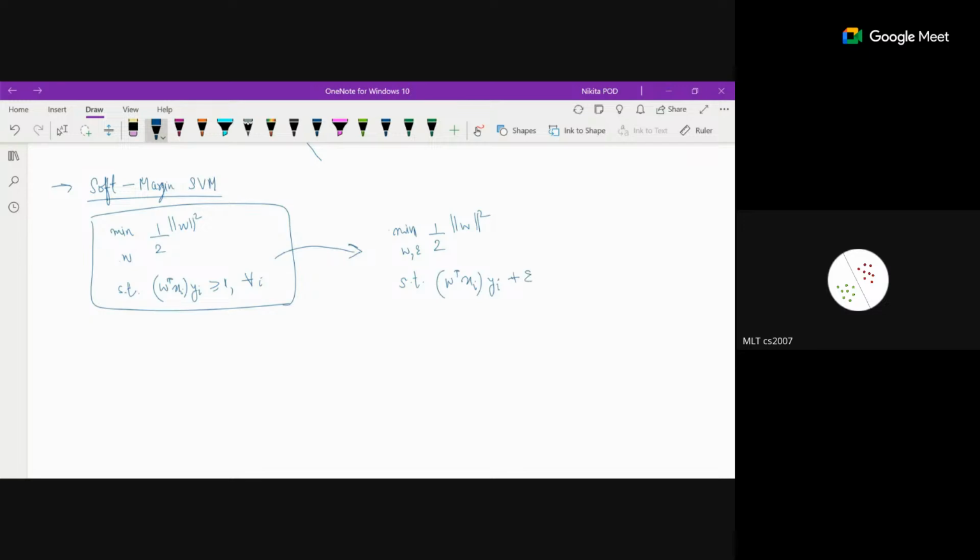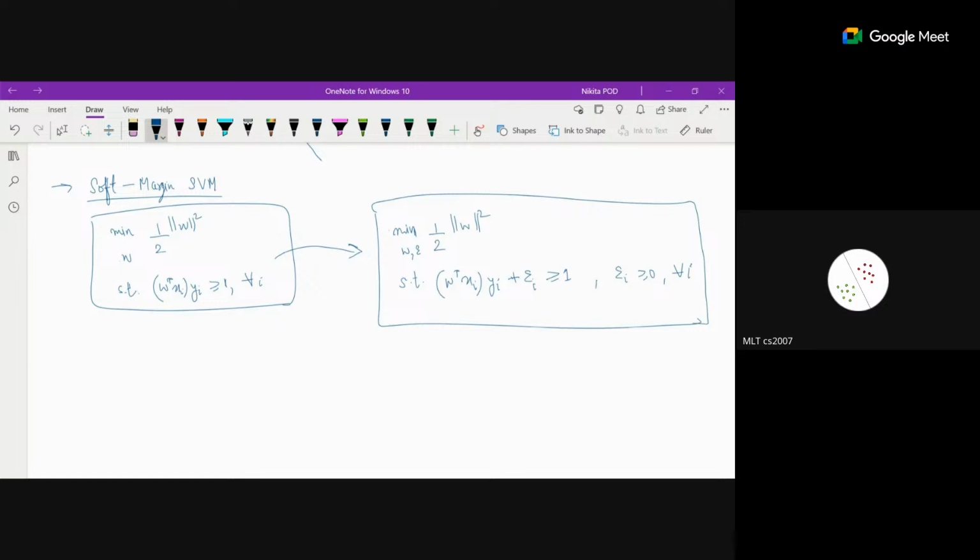So epsilon is the amount that my data point will pay in order to go to the right side. So this quantity should now be greater than or equal to 1, and this epsilon i will always be positive, right? So this is the problem that we have now come up with.